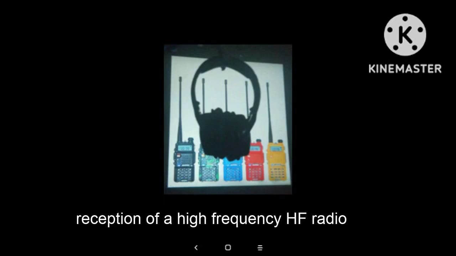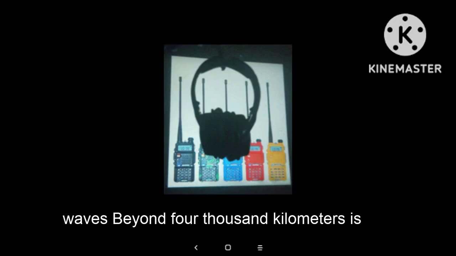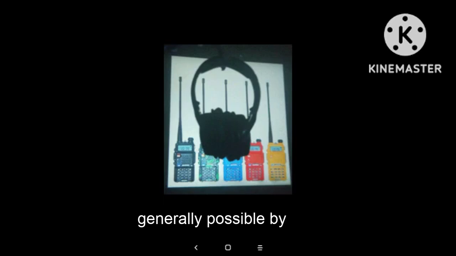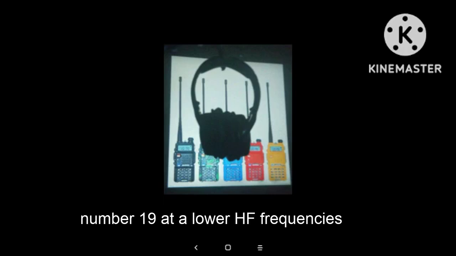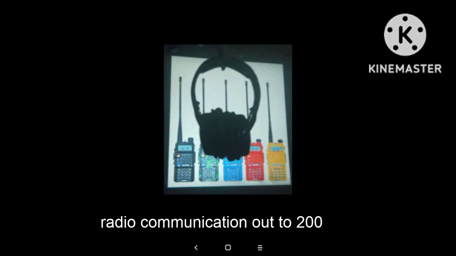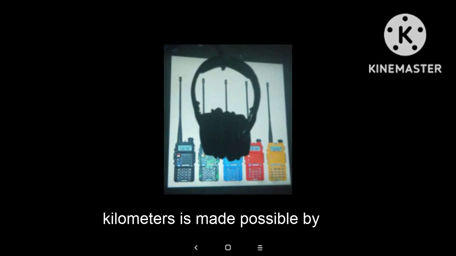Reception of high frequency HF radio waves beyond 4,000 kilometers is generally possible by ionospheric wave. Number 19. At lower HF frequencies, radio communication out to 200 kilometers is made possible by ground wave.